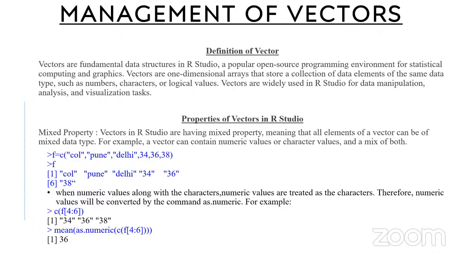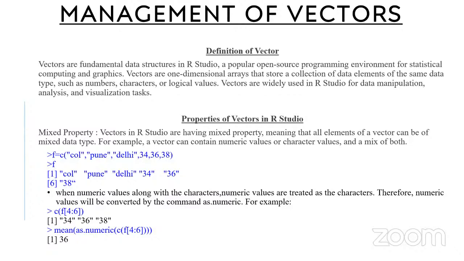It will be automatically considered as character. So if you want to come out from the character, then you have to write as.numeric. Then character will be transformed into numeric. For example, here it is written mean, c, that is concatenate, F is the vector, 4 to 6. 4 to 6 means 4, 5, 6. So 34, 36, 38. The mean is 36. Okay.